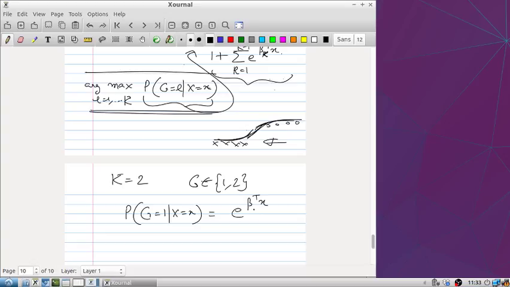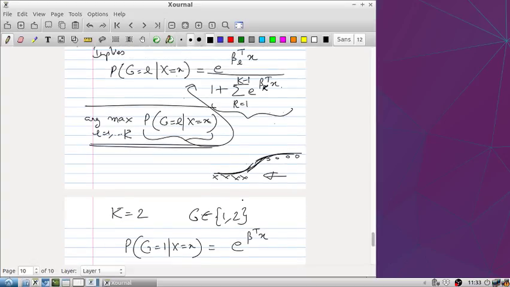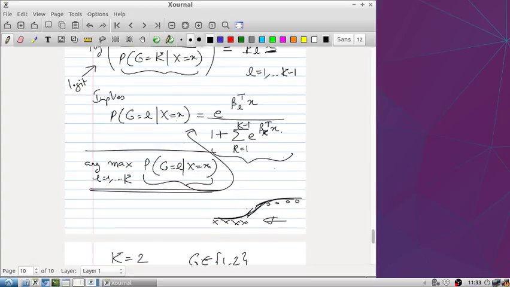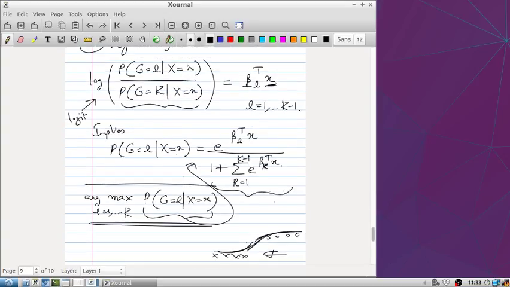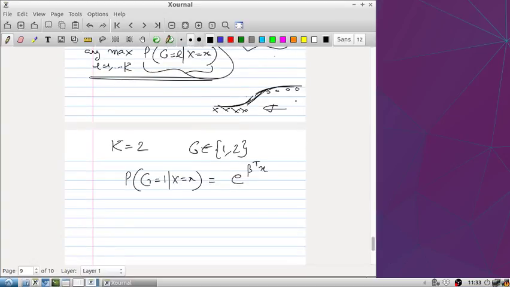I'm not writing the subscript here because it's just going to be beta 1. There's not going to be any beta 2 because one of the classes was always the denominator. There's no beta subscript corresponding to capital K. So there's only one beta corresponding to 1, and the denominator is 1 plus e to the power beta transpose x.